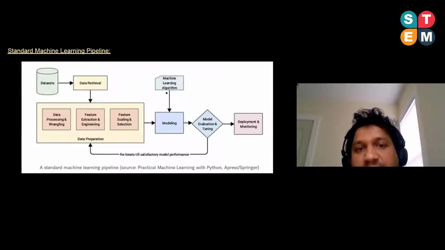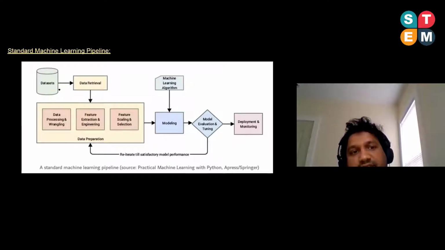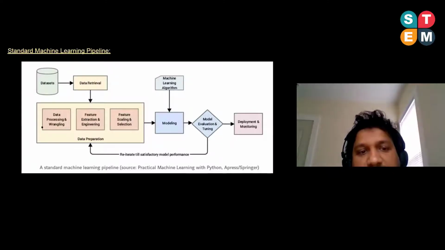So this is the basic machine learning pipeline. First, one has to create the data sets, and then the data preparation part, which involves data processing, then feature extraction, and finally feature scaling and selection. After this data preparation, when our data set is ready, we will train the computer with machine learning algorithms.